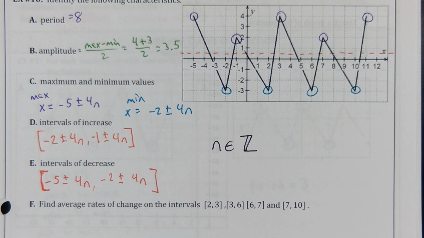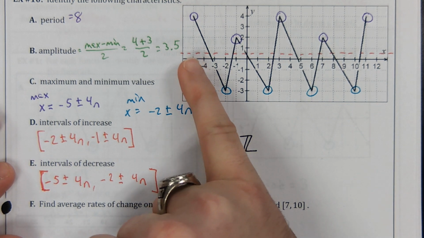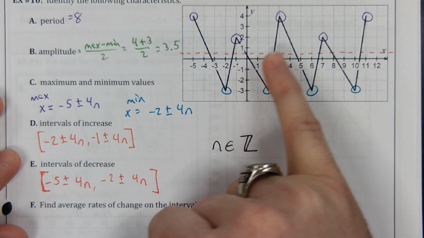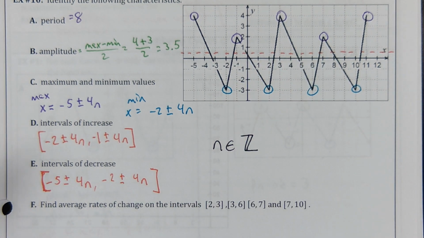Will we ever need to write it like 2 different decreases? You would only have to write it as different ones if the distance between them was different. So like say to get from here to here was 2, but from here to here was 5. So if it went 2, 5, 2, 5, 2, 5, 2, 5, and at a period of 7, then yeah, you would have to write it as separate. But we got lucky with this one that it was an equal interval each time.